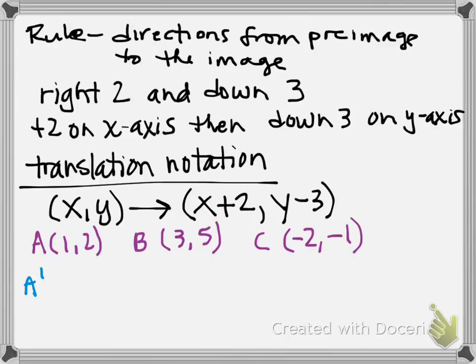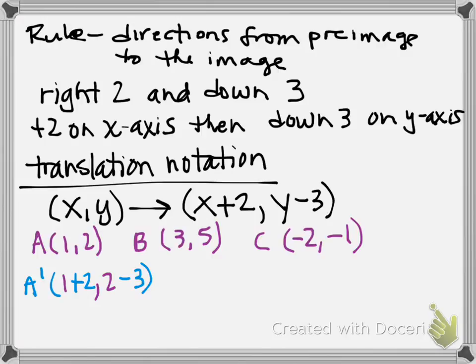So for A prime, I'm going to take my numbers and I'm going to apply the rule. And the rule says, let's add 2 to the x and let's subtract 3 from the y. The result is going to be where A prime will be located.